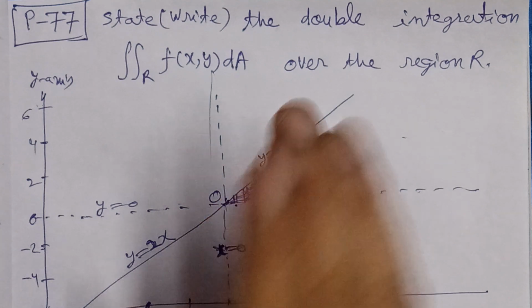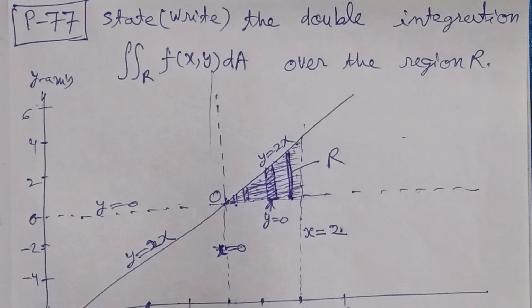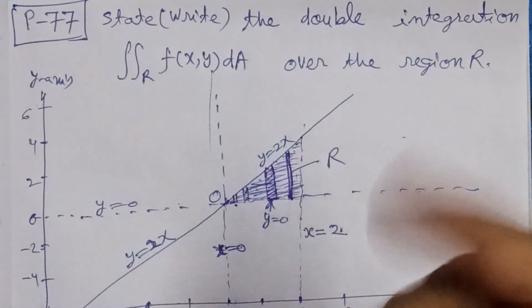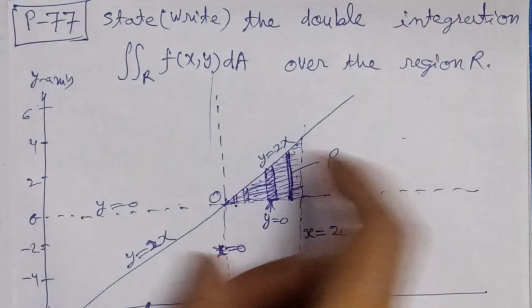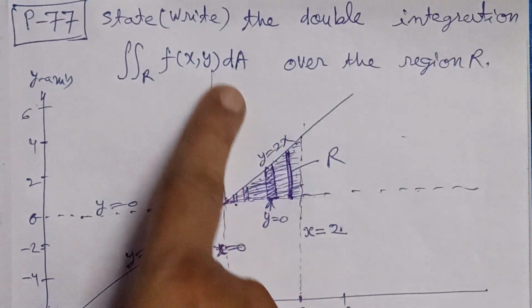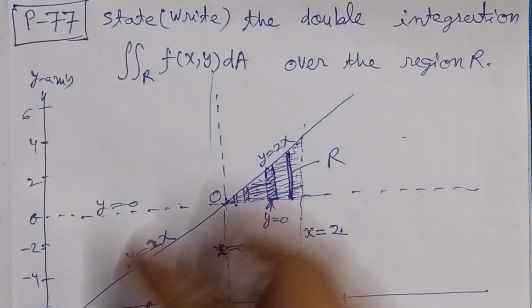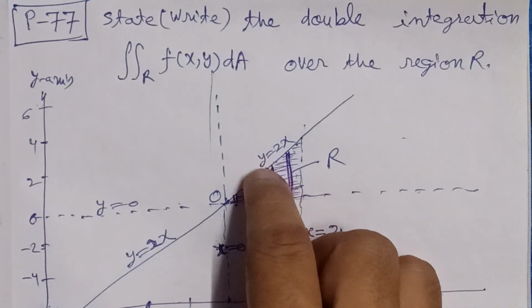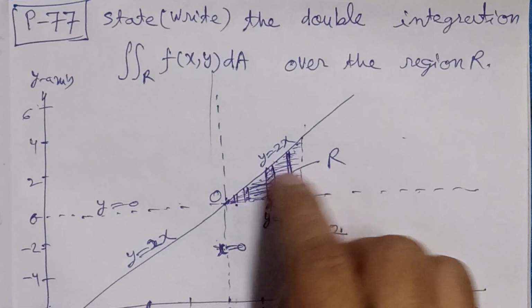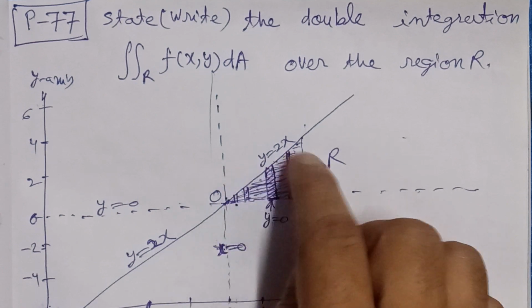As I stated in the start, we have two methods here. The first method is to draw a strip parallel to the y axis, and the second method is to draw a strip parallel to the x axis.